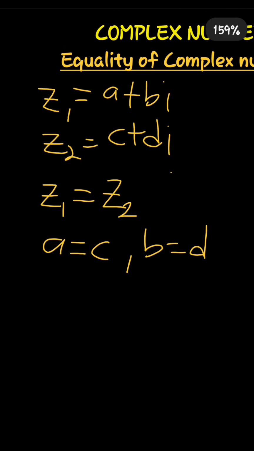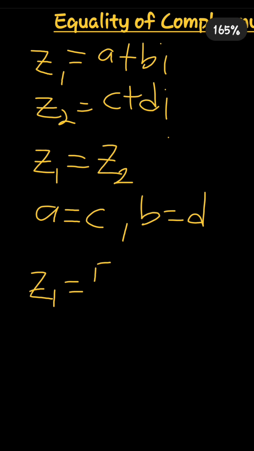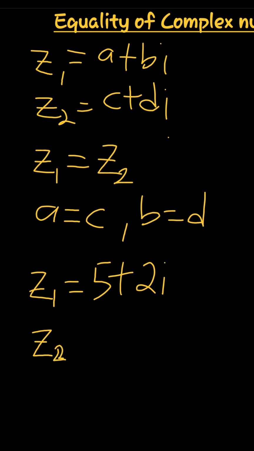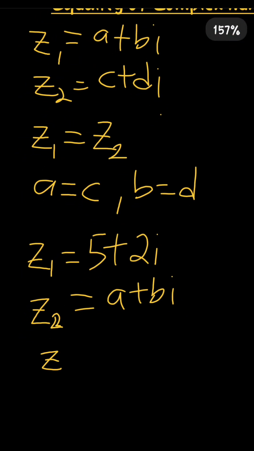Suppose we have z1 is equal to 5 plus 2i and z2 is equal to a plus bi, and it is given that z1 is equal to z2.